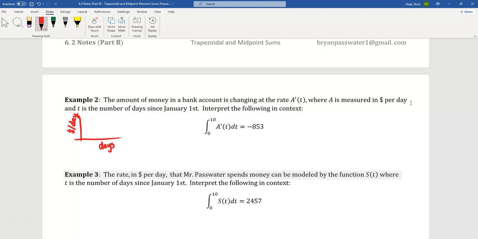Let's go with what he's got here. So if A is in dollars per day, then A prime is in dollars per day.